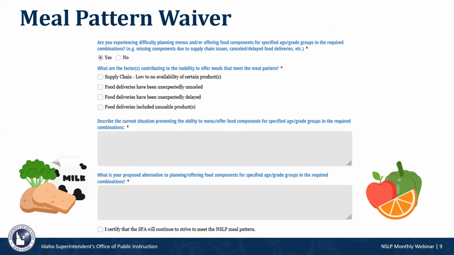And USDA has identified that supply chain and food delivery issues are predominant throughout the country. And so we've added those elections in there so you can help identify for us which issues you're encountering. So please make sure that you're submitting a request for any of those issues that you're struggling with this year.